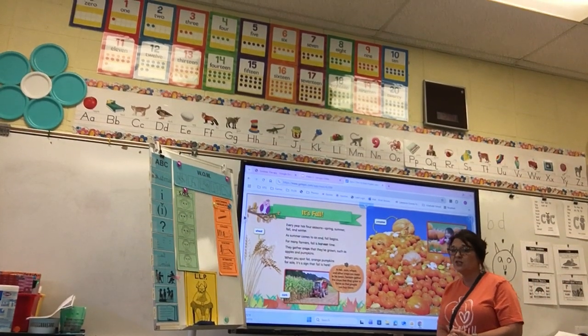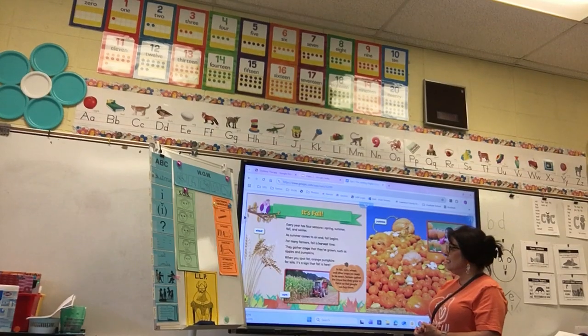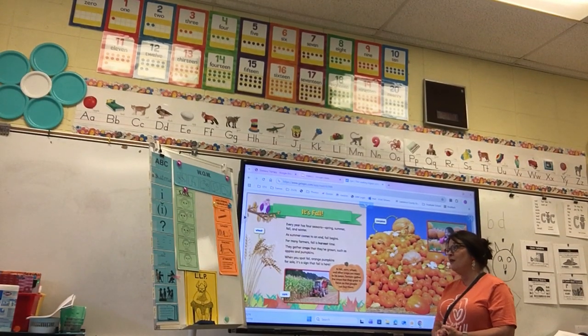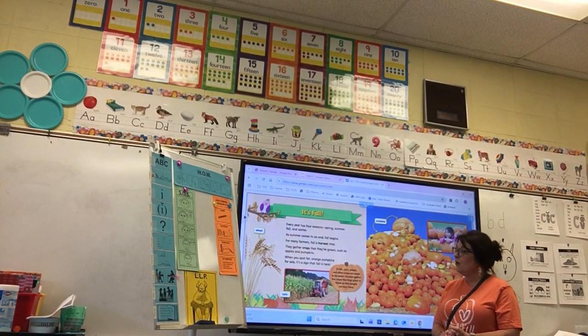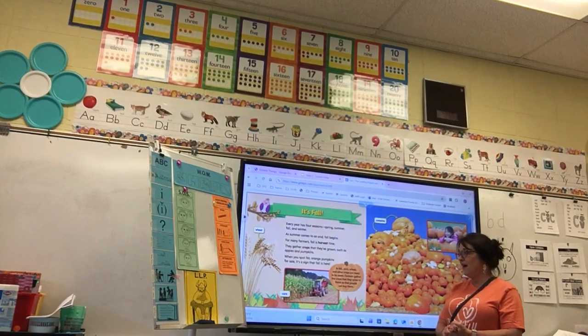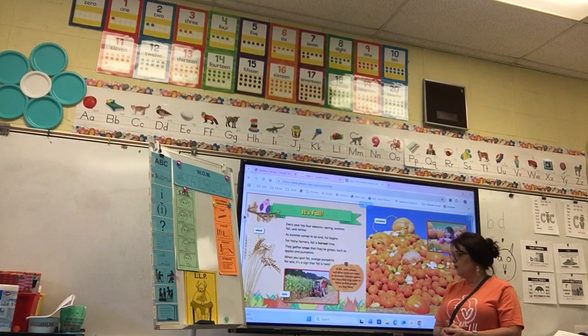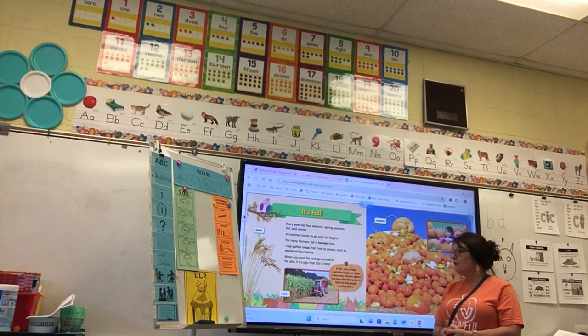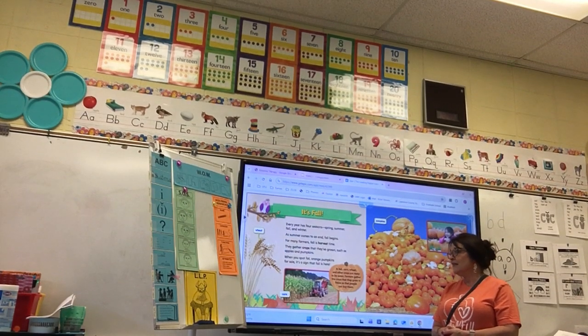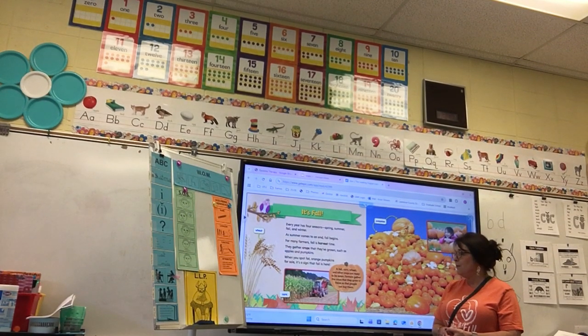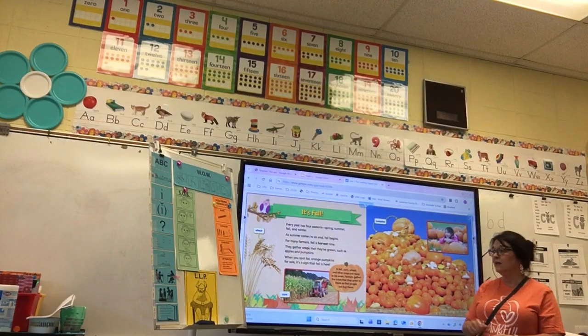As summer comes to an end, fall begins. For many farmers, fall is harvest time. They gather crops that they've grown, such as apples and pumpkins. When you spot fat orange pumpkins for sale, it's a sign that fall is here. And it says in fall, corn, wheat, and other crops are ready to be eaten. Farmers gather the crops that they grow in fields so that people can buy them.